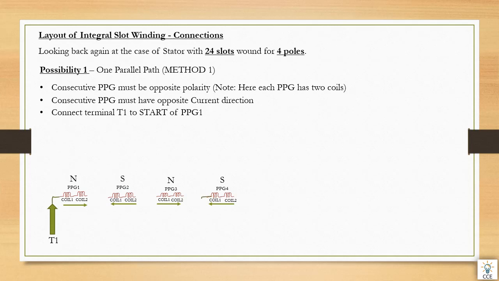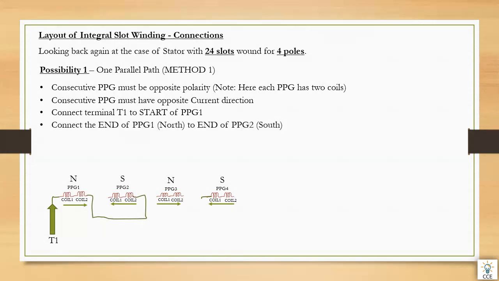Then we connect again in a similar manner the first pole phase group's start point to T1. T1 is one of the terminals of phase A, where we'll be supplying the power leads.